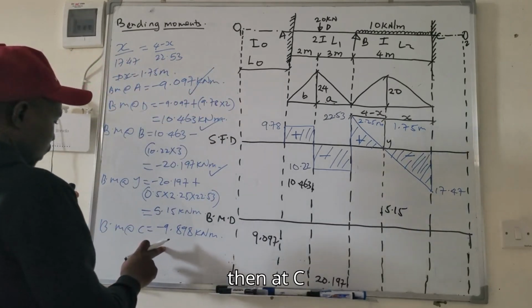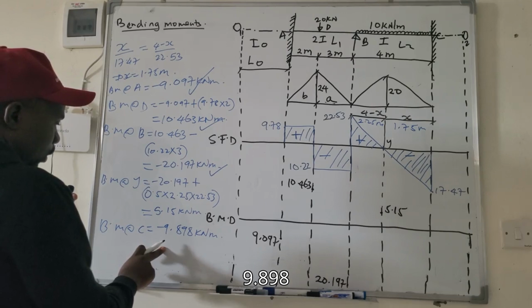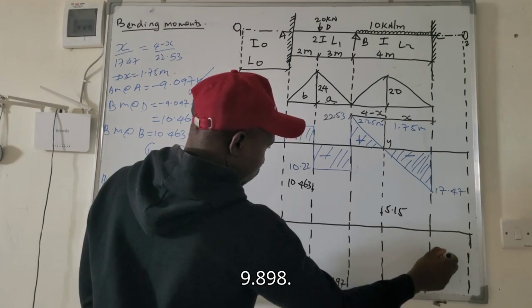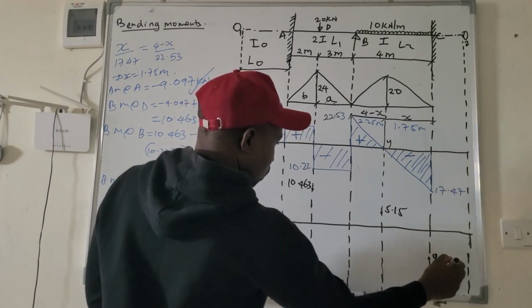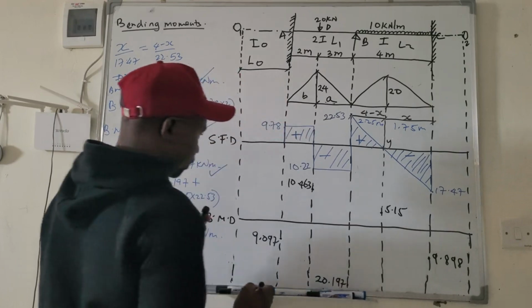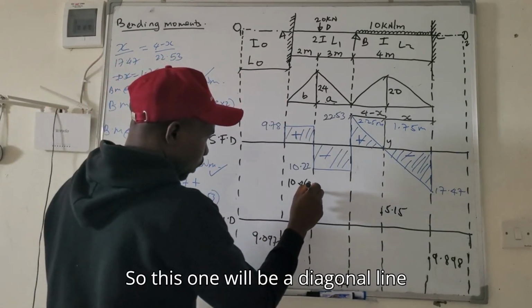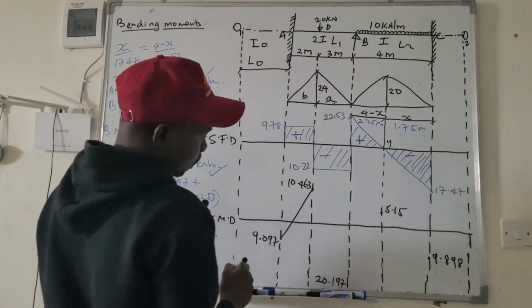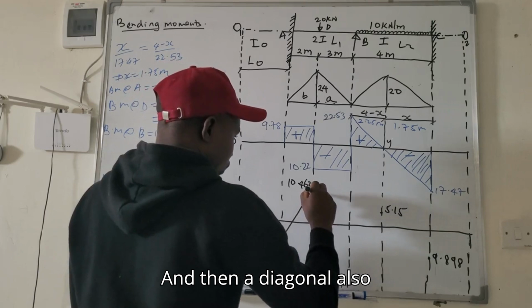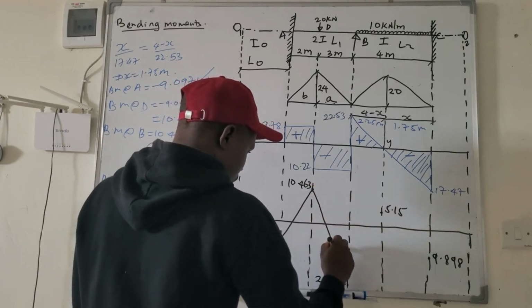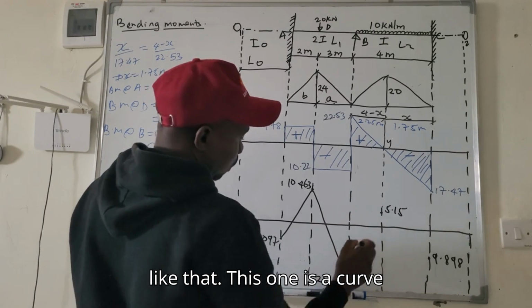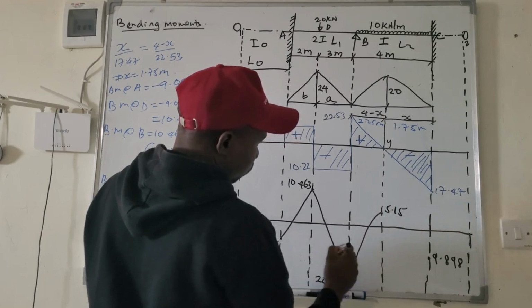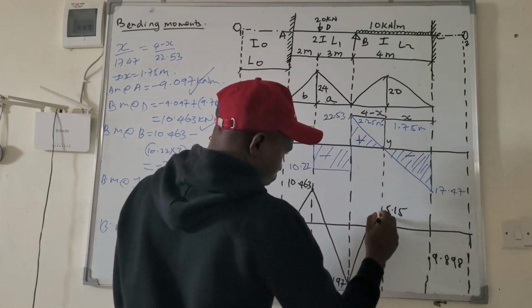And then at C, negative 9.898. This one will be a diagonal line like that, and a diagonal also like that. This one is a curve, and also a curve.